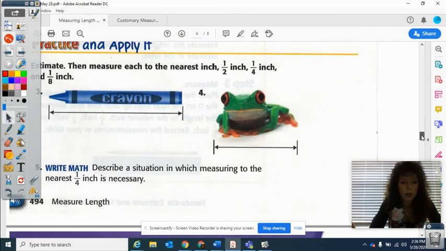All right, so we're gonna practice one of these together as practice, and then we're gonna do some for you to write independently. So you're gonna estimate first. So looking at this crayon, how long do you think that is?